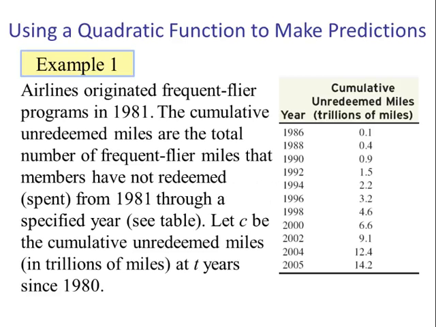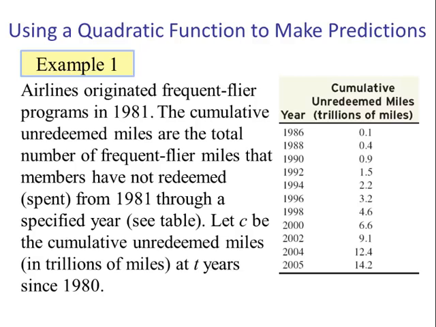Example 1. Airlines originated frequent flyer program in 1981. The cumulative unredeemed miles are the total number of frequent flyer miles that members have not redeemed from 1981 through a specified year. See table.